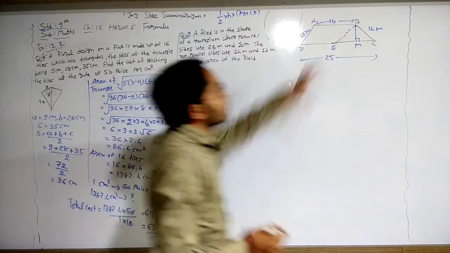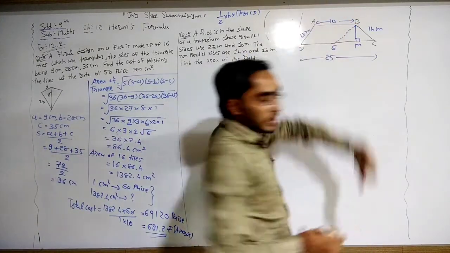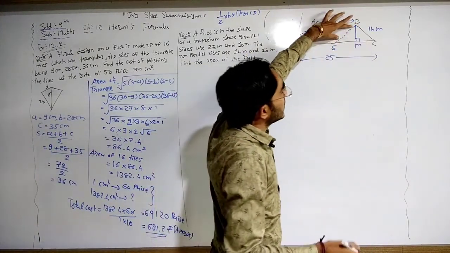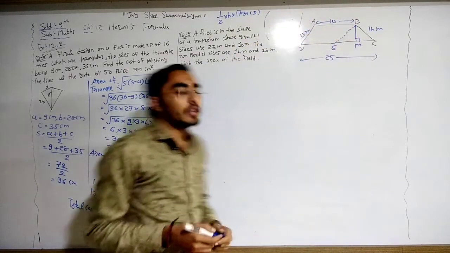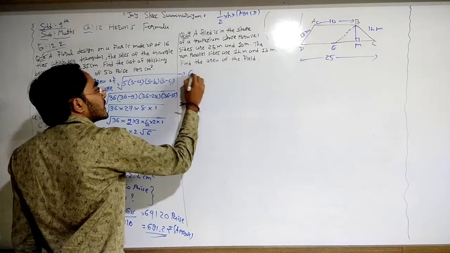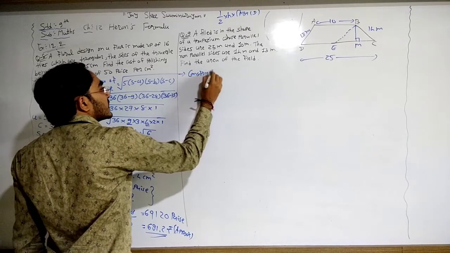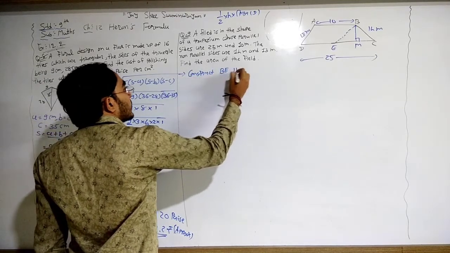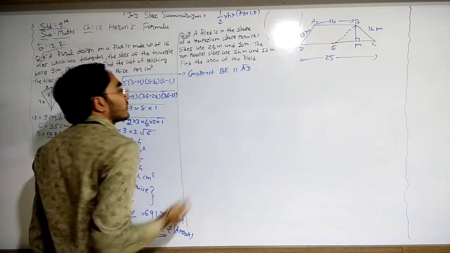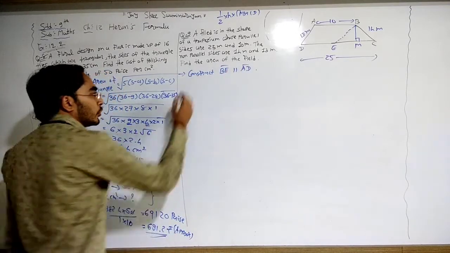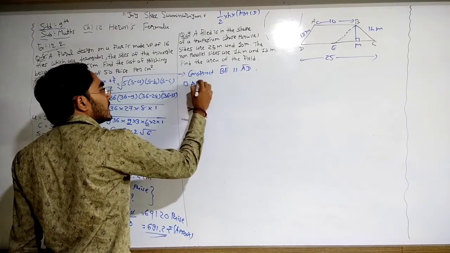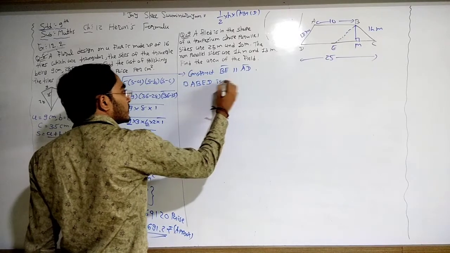Now draw BE which is parallel to AD. So write down, construct BE parallel to AD. So ABED is a parallelogram.